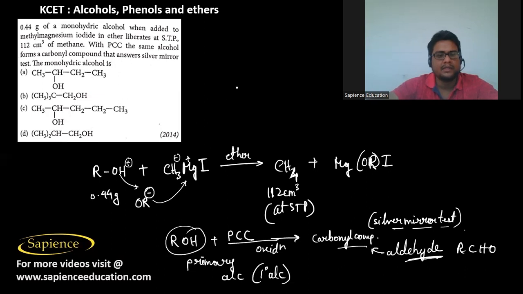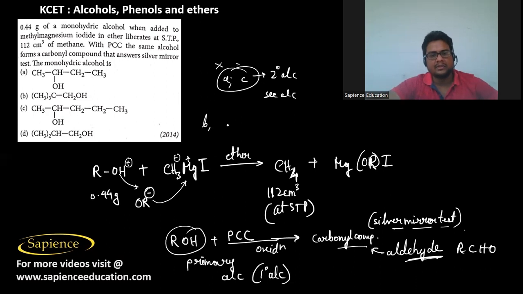So in options A and C, they are 2-degree alcohols, or secondary alcohols, so they can't be the answers. So either it can be B or it can be D only. So we have to see which one is the answer out of B and D.